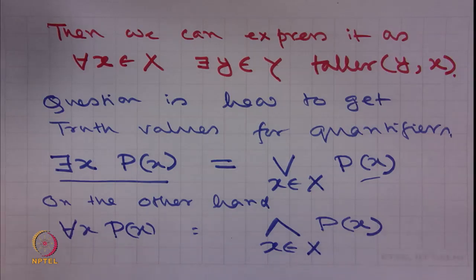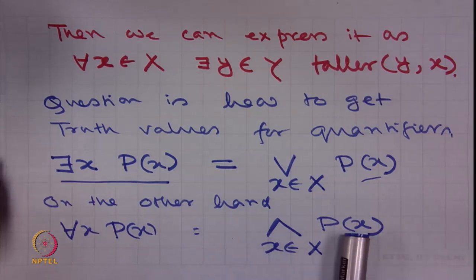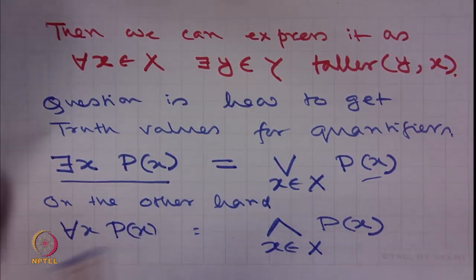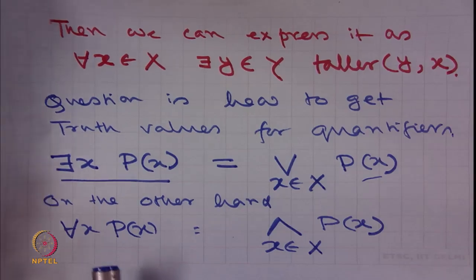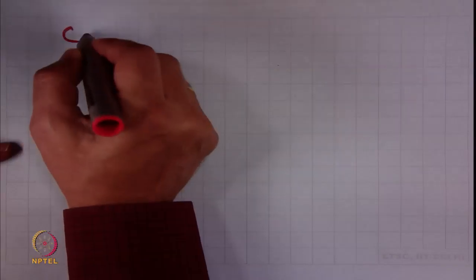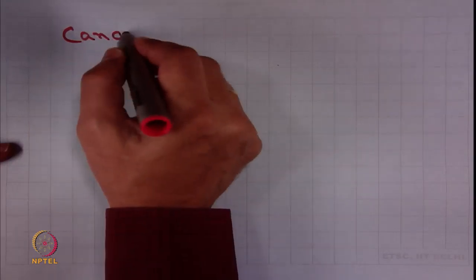That is, if for all the elements p x is true, then for all x p x is going to be true. So, before we stop, I give you a canonical representation.